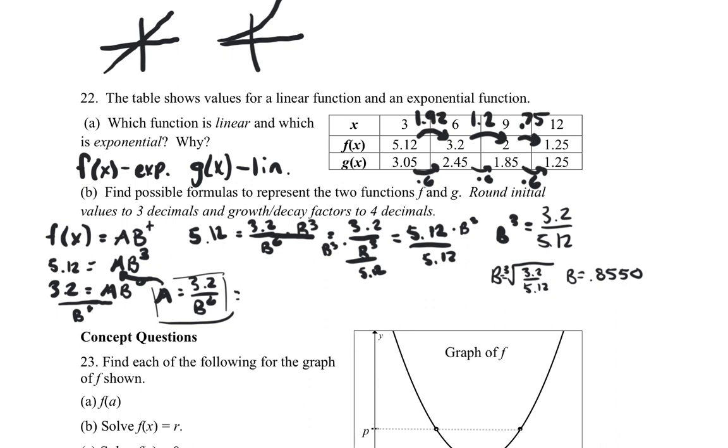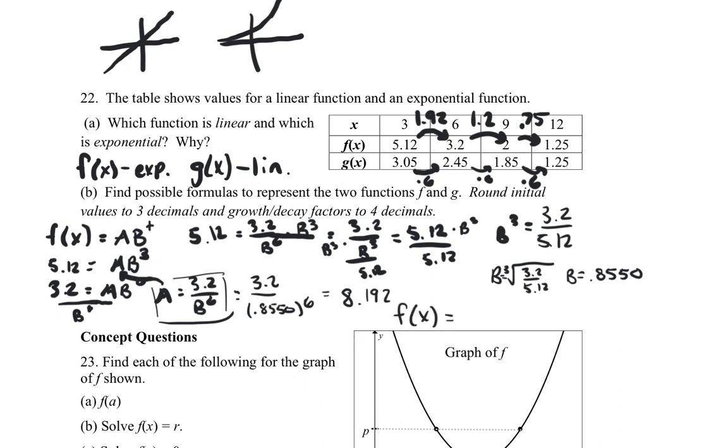That's equal to 3.2 times 0.8550 all to the 6th. I can plug that into my calculator and get that a is equal to 8.192.